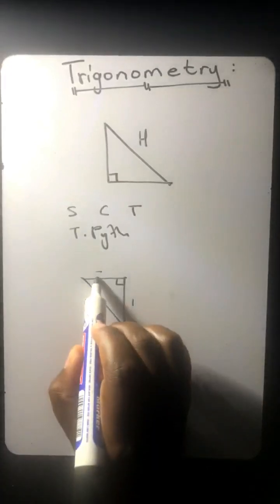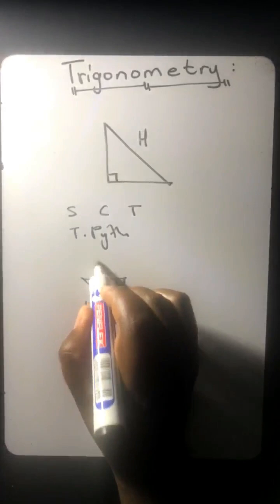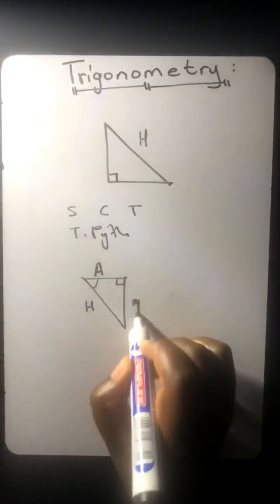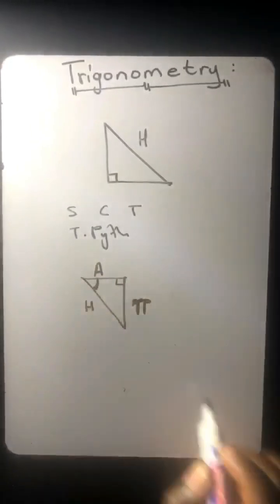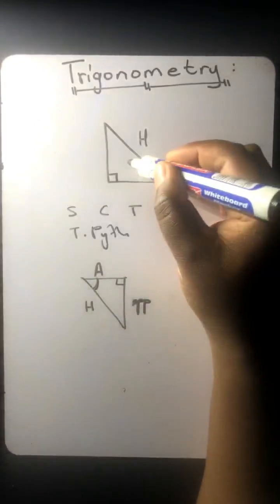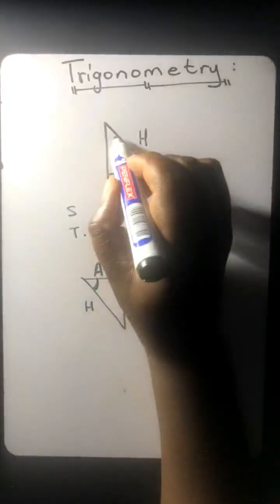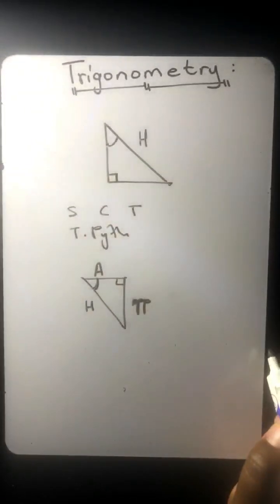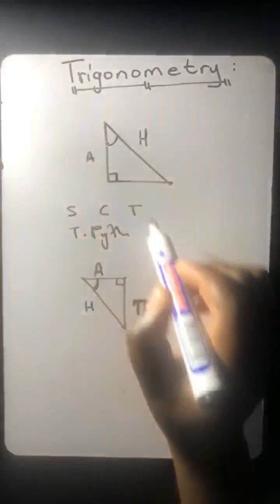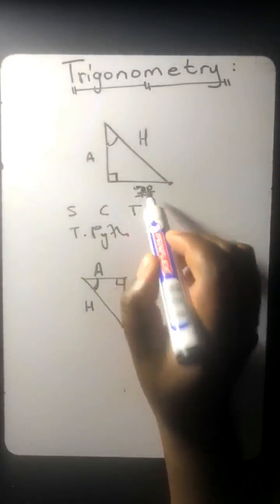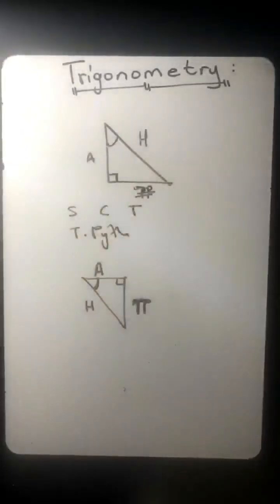If they say the angle is there, that's when you know this is adjacent and this is opposite, because it's opposite to the reference angle. We have discussed all of this when we started with analytical geometry.